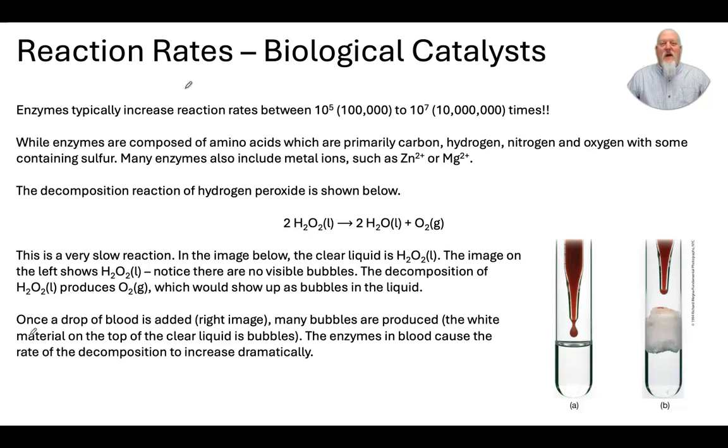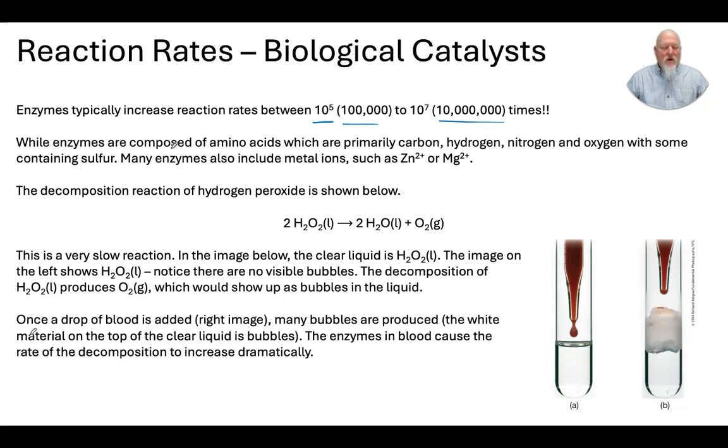Okay, so how much faster are reactions with enzymes? Enzymes tend to speed up reactions between 10 to the 5th, so 100,000 times faster, to 10 million times faster. Okay, so enzymes increase the rates of reactions a lot. And we need that because your cells need to continuously be doing reactions, and without the help of enzymes, everything would be really slow and you wouldn't exist.